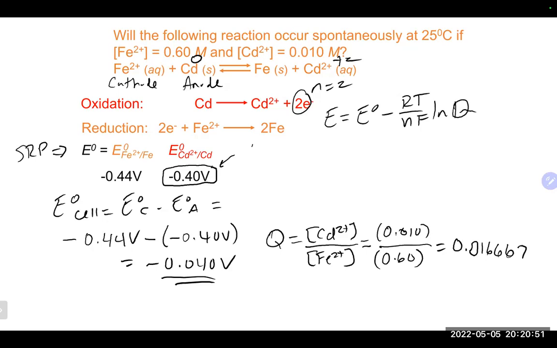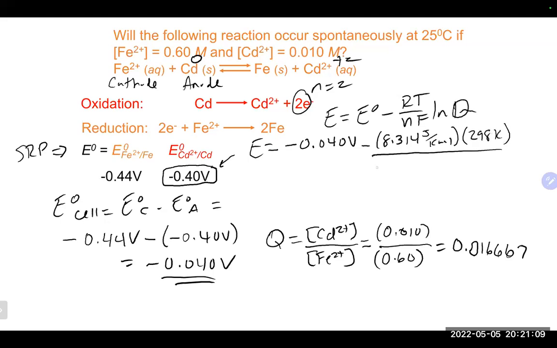All right, so I think we got all of our numbers now. So E is going to equal minus 0.04 volts minus our 8.314 joules per Kelvin per mole and our 298 on that, divided by our 2 moles and our 96,500 joules per volt per mole. And that's going to be times the natural log of our number on the bottom there, 0.016667.